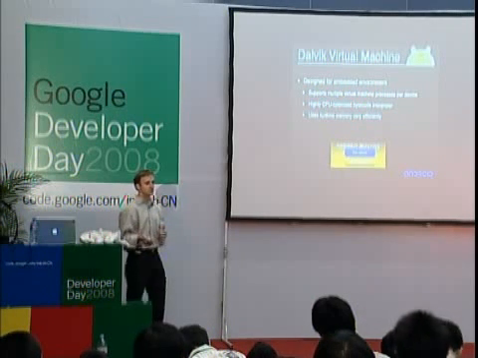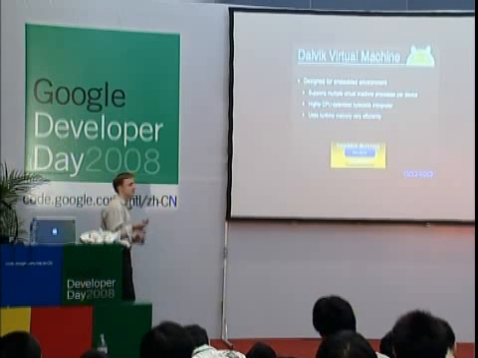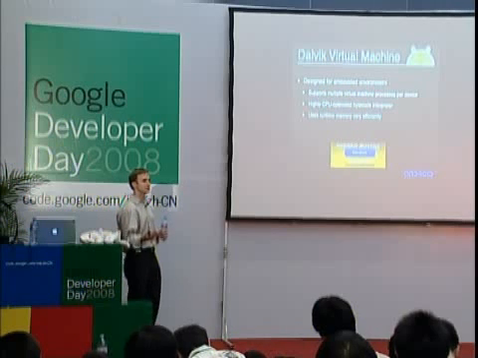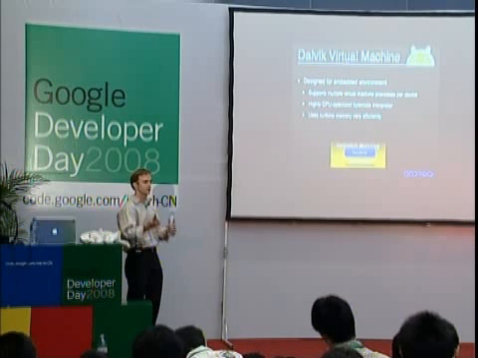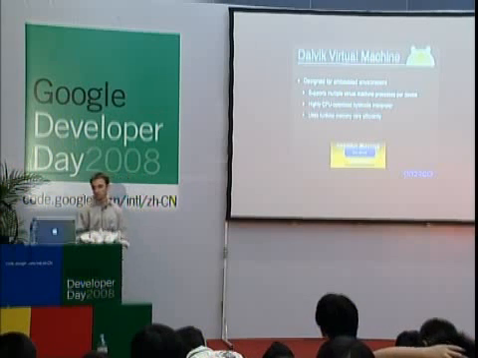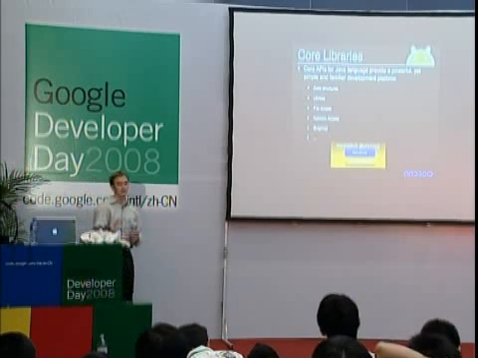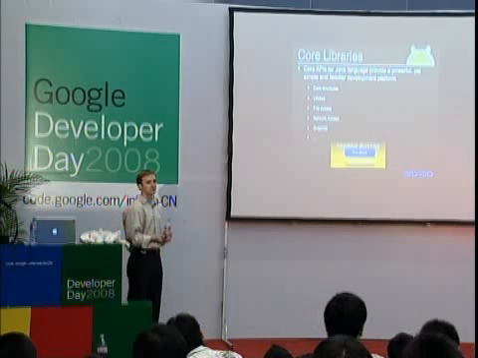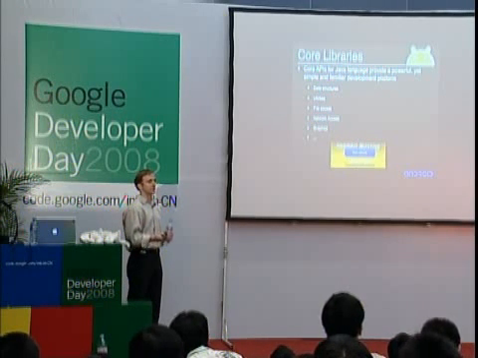It's highly CPU optimized, and it uses memory very efficiently. So like libc, we needed something that was lightweight, fast, and compact, and could run on many devices. Sitting on top of the Dalvik virtual machine are the core libraries. Like Jason said, this gives Java developers their expected environment.